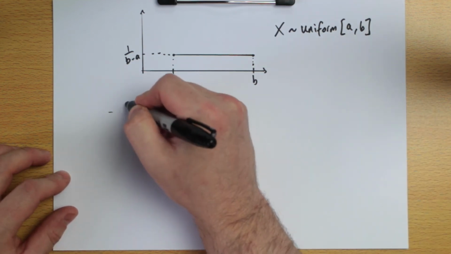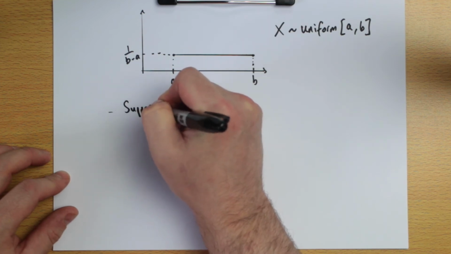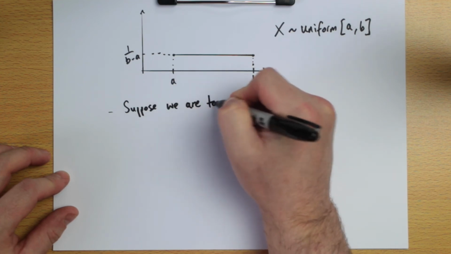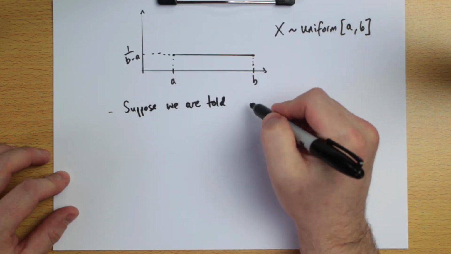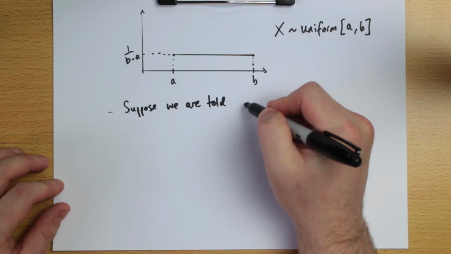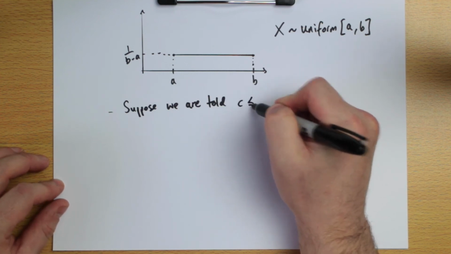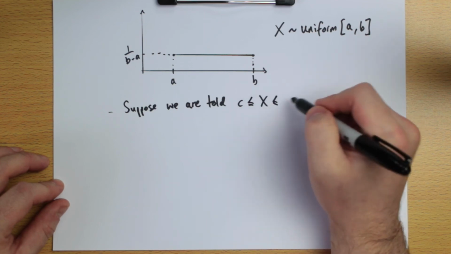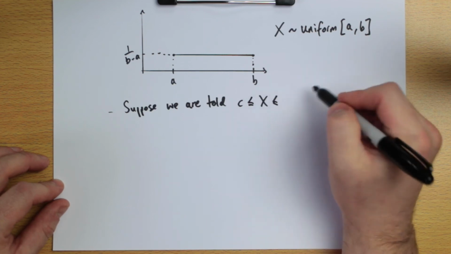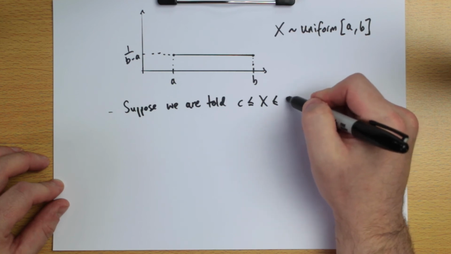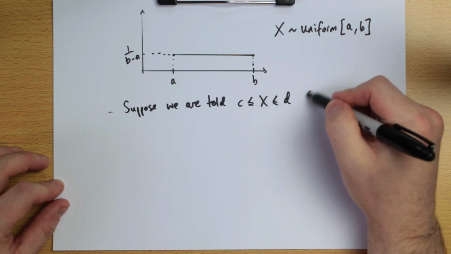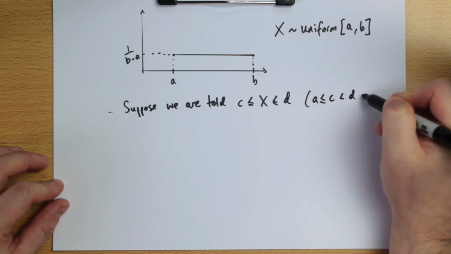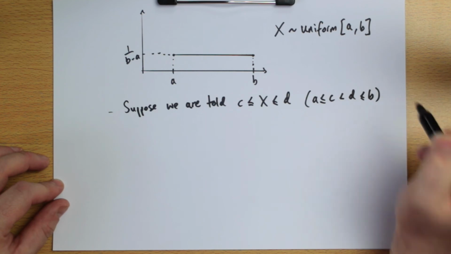Suppose we are told, or that we have reason to believe, that x actually lies between two values, c and d, so that c is no greater than x, which is less than or equal to d, where c and d are in between these a and b values.